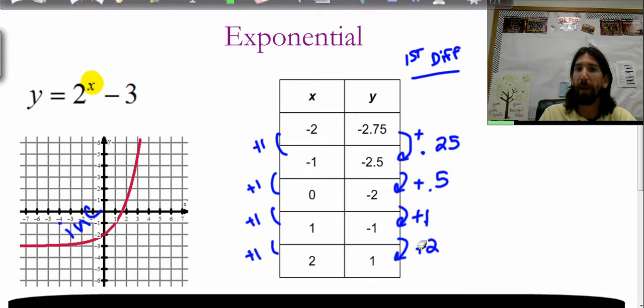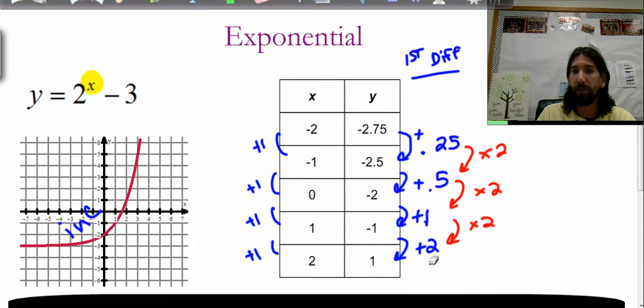But we always look for patterns in the first differences. In this case, there's a pattern to this sequence of numbers. I'm not adding the same each time. Here I added 1, here I added a half, but what I am doing is I'm multiplying by 2. 0.25, so 25 cents times 2 is 50 cents. 50 cents times 2 is $1. $1 times 2 is $2.